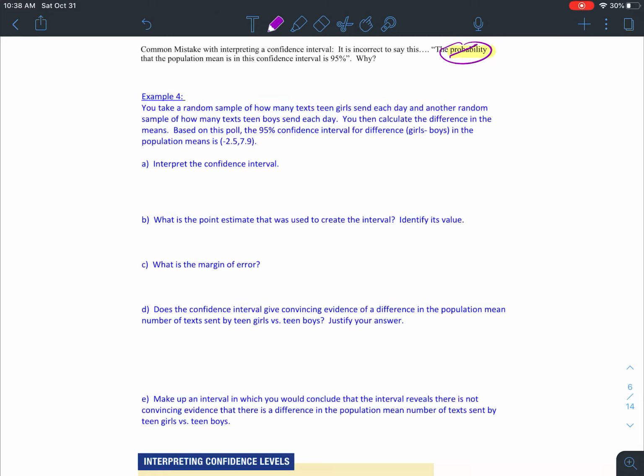Now, the reason that's wrong is because a population parameter is fixed. We know that when we take samples, we get a different statistic every time we do a sample, but your parameter is the truth. That's like if you did a census. Your parameter is fixed. It's not changing from one sample to another. The parameter is what it is.